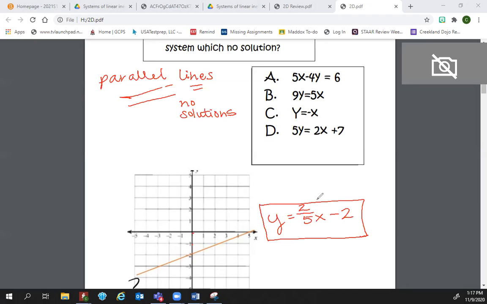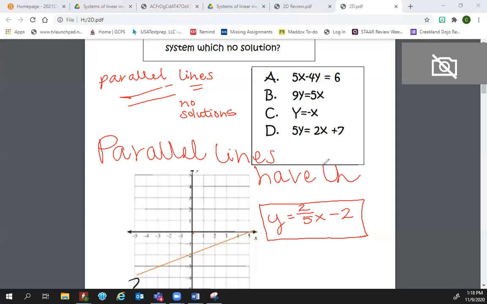How do I figure out which one of these is going to be parallel? If you watch the video over parallel, perpendicular, and neither lines, you would know that parallel lines, and I would write this out big so you remember, parallel lines have the same exact slope.